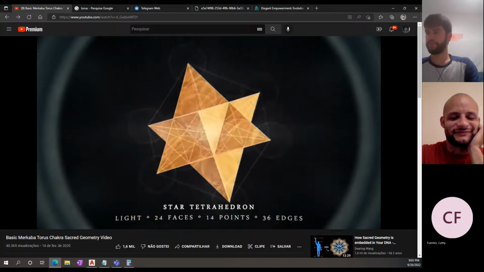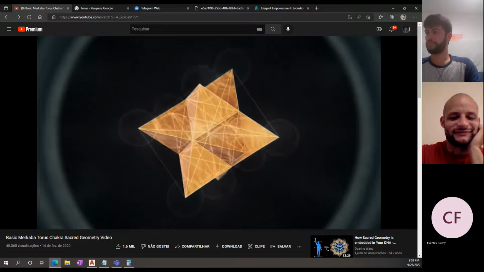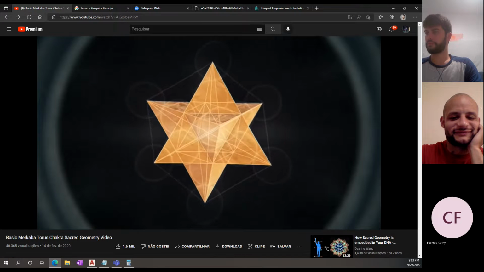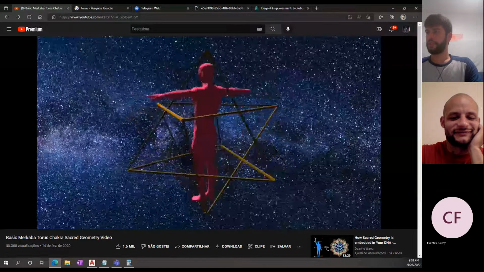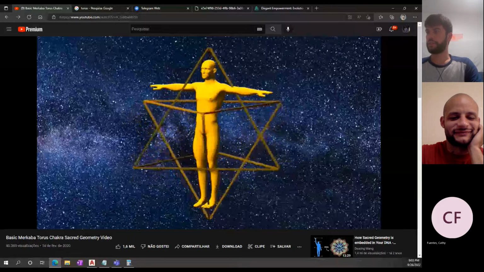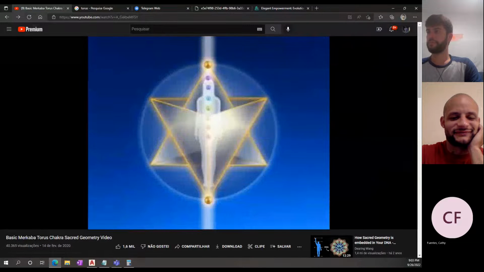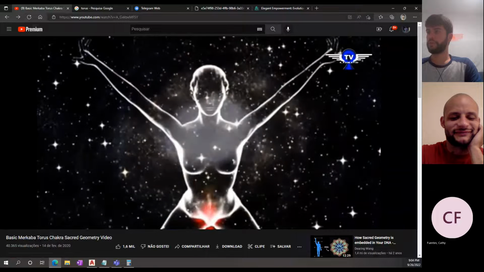Tetrahedron also fits inside Metatron's cube. And around their bodies. Torus.